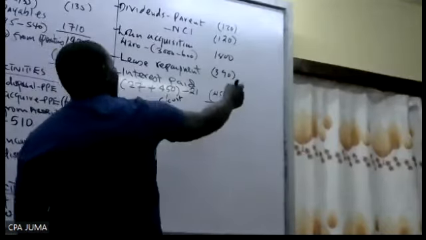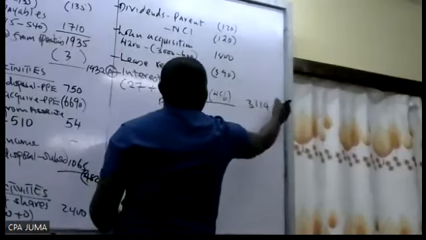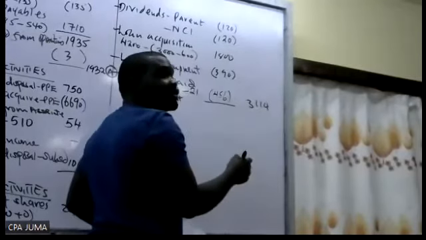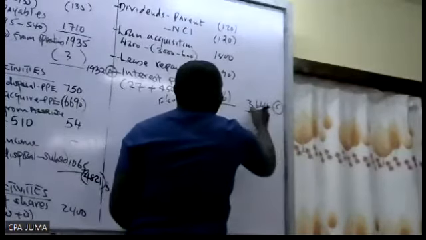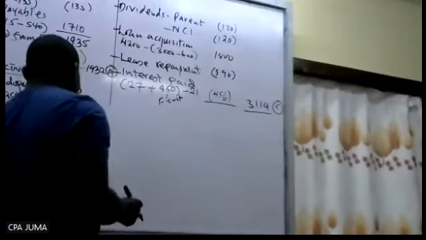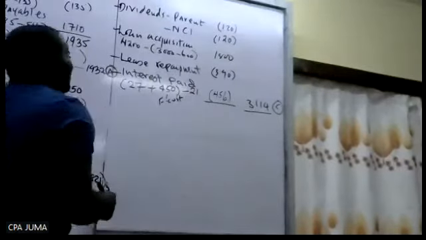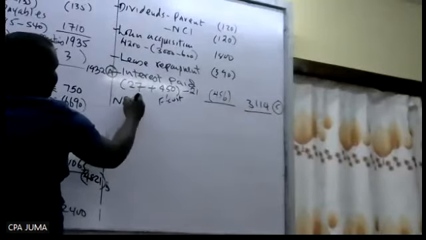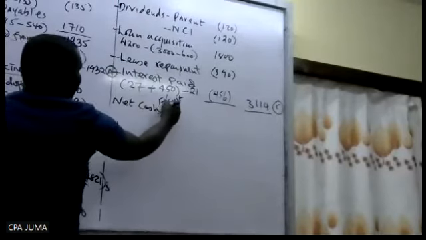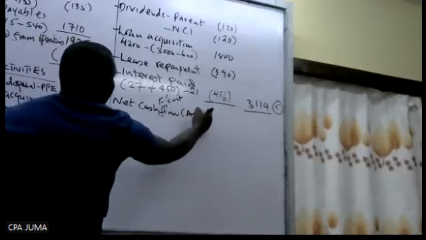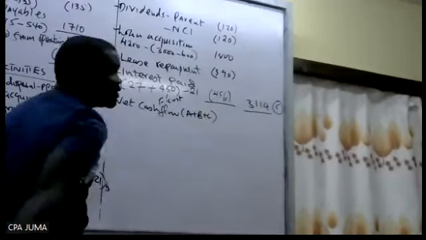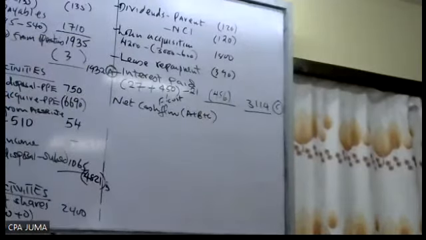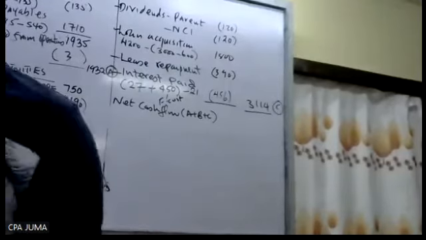So please check 3114. Positive. Call it C. Therefore, najua labda ameacha 24. Akaanzia hapo. Therefore, net cash flow, take A plus B plus C.